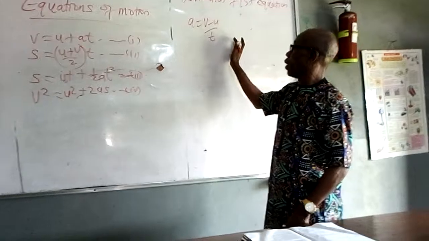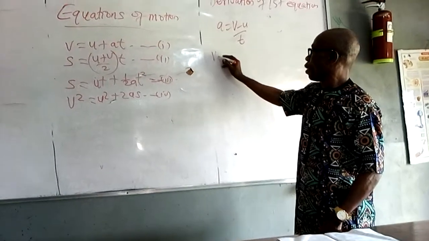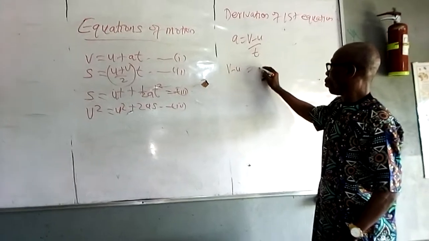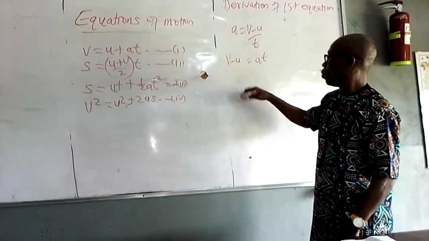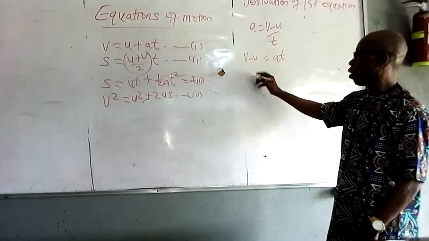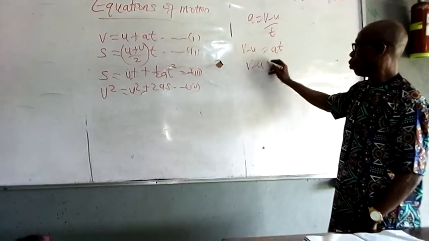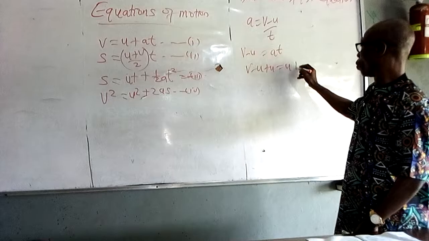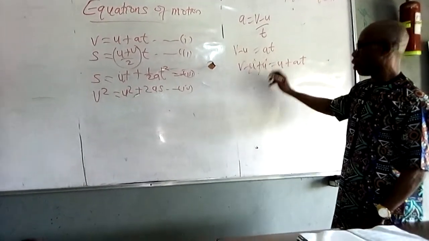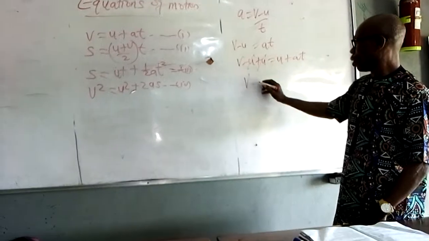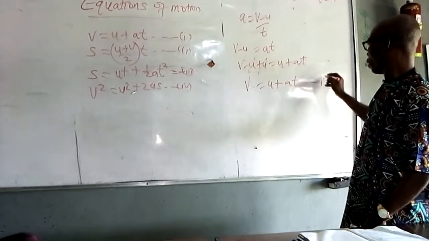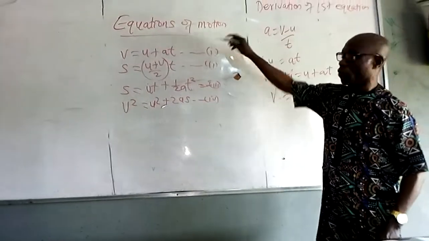When we cross multiply this, we have v minus u is equal to at, which is at. So, adding u to both sides of the equation, we have v minus u plus u is equal to u plus at. Minus u plus u will cancel out, leaving v is equal to u plus at. And that is the first equation of motion.